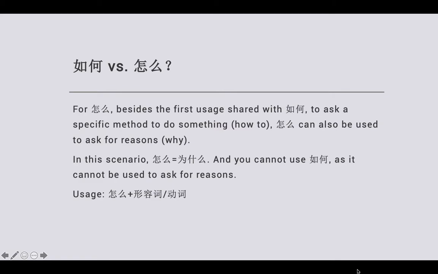And you cannot use 如何 in this scenario because 如何 cannot be used to ask for reasons. So the usage of it is that you can simply put the adjective or the verb right after 怎么.